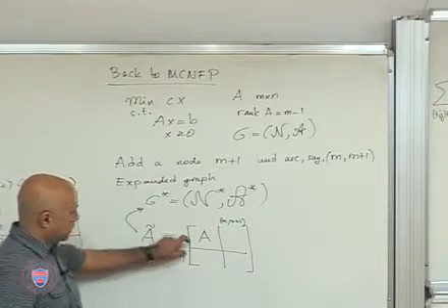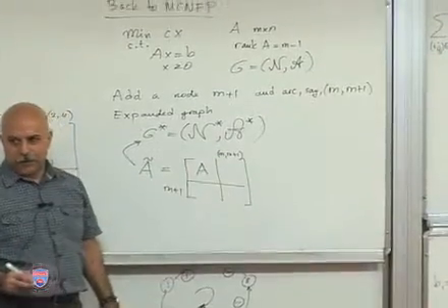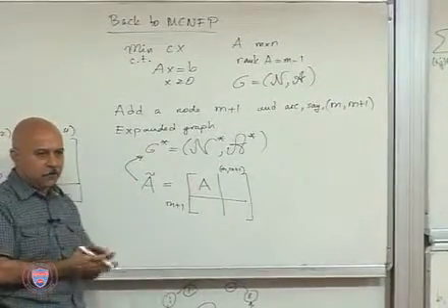So we expanded the row space by 1 and the arc space by 1. We added a column and a row.